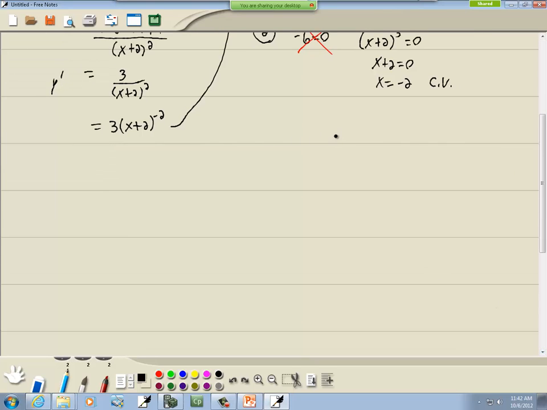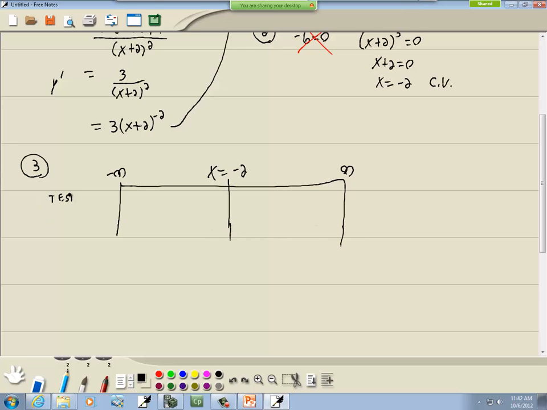So let's plug that in. So I got x equals negative 2. Over here is positive infinity. Over here is negative infinity. We want to pick our test cases.